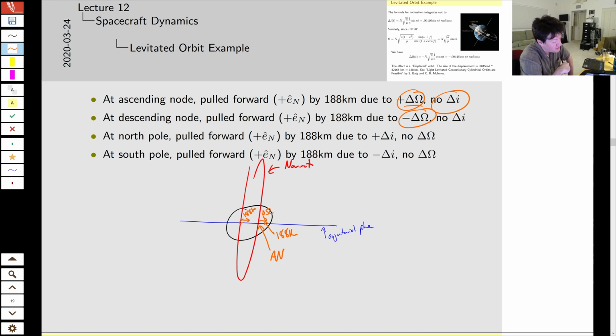Now at the North Pole, we don't have to worry about changes in the right ascension, but we do have to worry about changes in the inclination. So at the North Pole, we get a positive change in, it says E hat N. So we get a positive change in inclination.